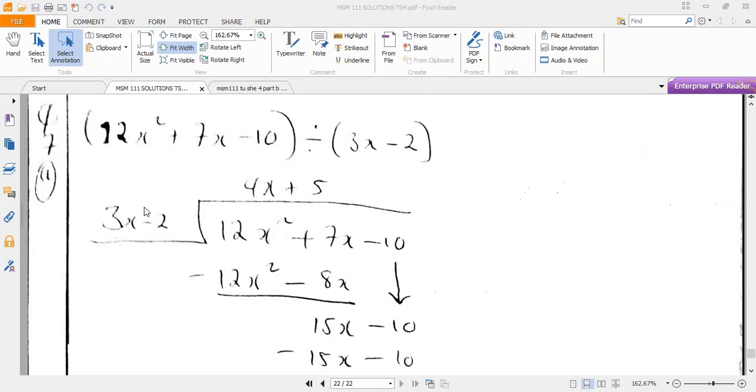Okay, so now when dividing a polynomial, we always start with this guy here. When we're dividing, we say 3x into 12x squared.